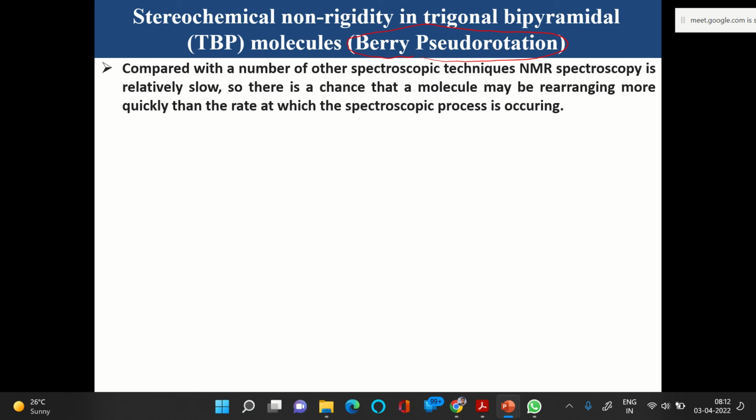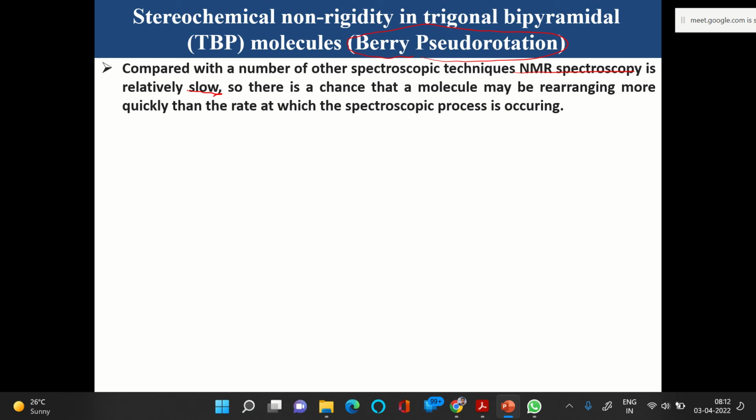So even with both techniques, NMR spectroscopy is always considered to be a slow spectroscopy technique as compared to others such as FTIR spectroscopy, infrared, the FTIR that we do, or absorption, fluorescence.